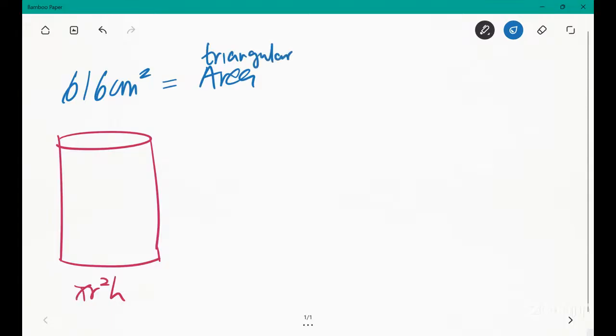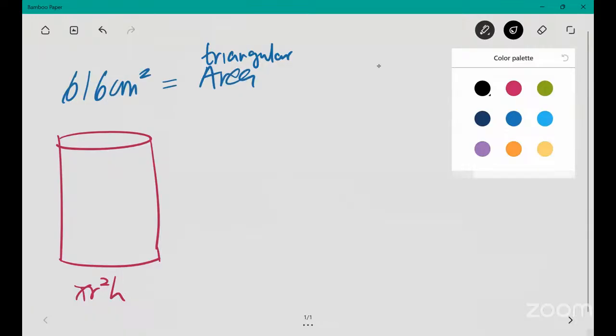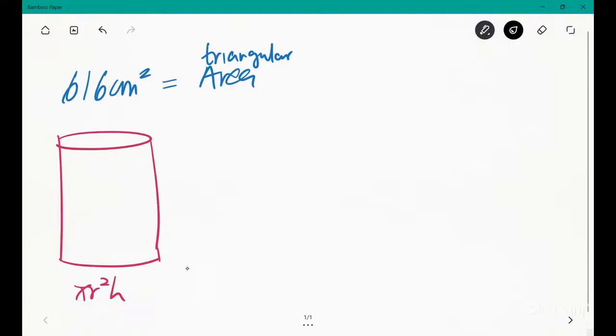A prism has, just give me 1 second. So here they have given you the prism's triangular area.